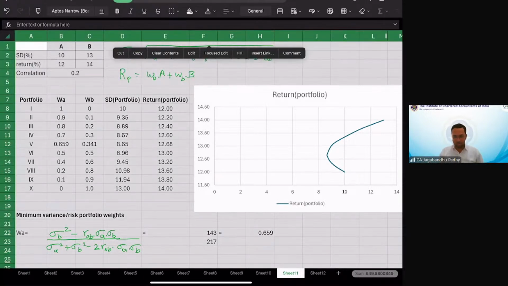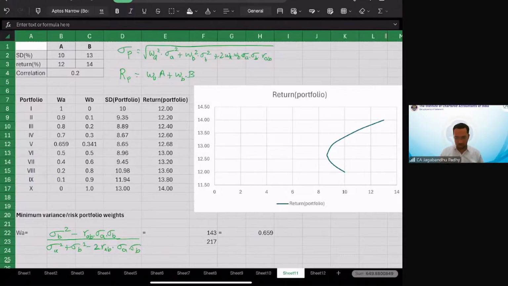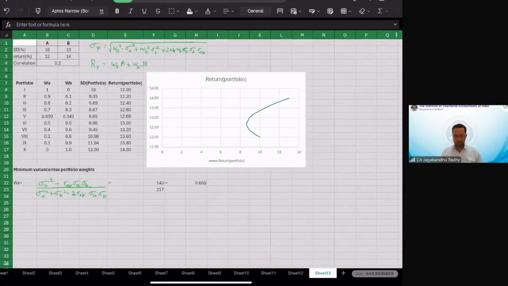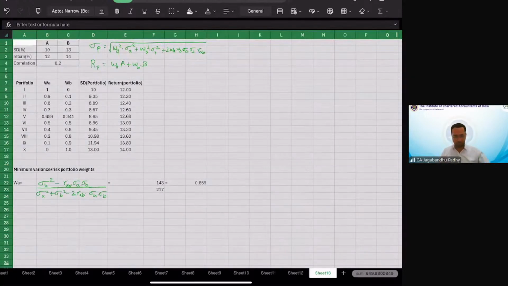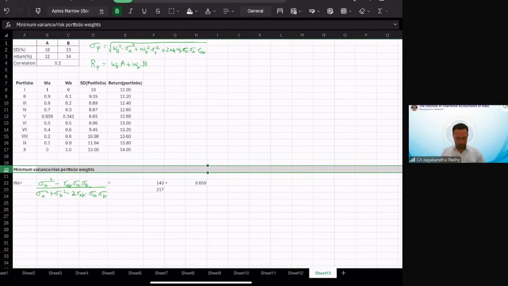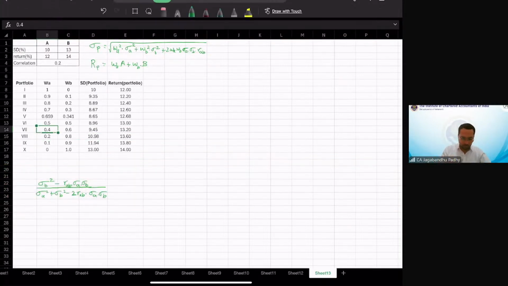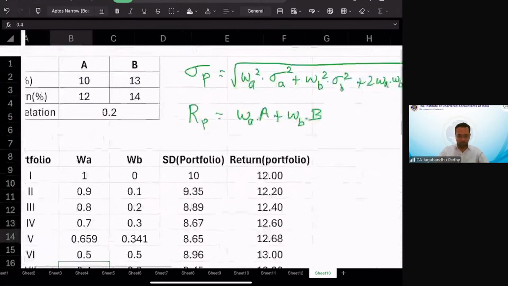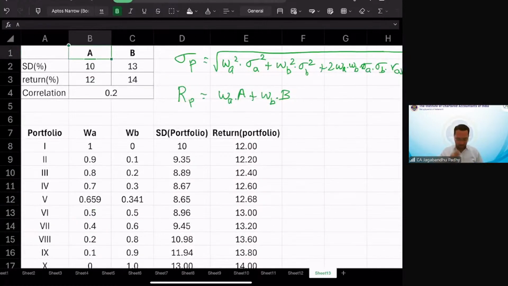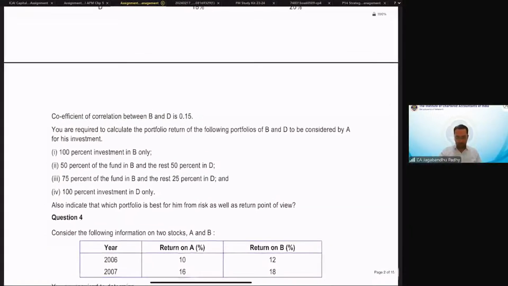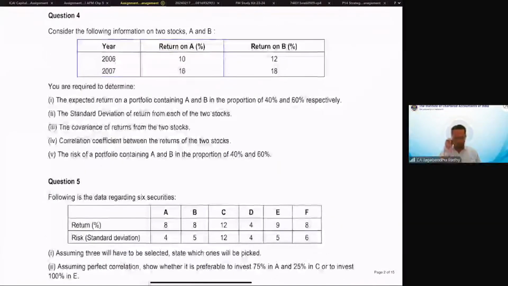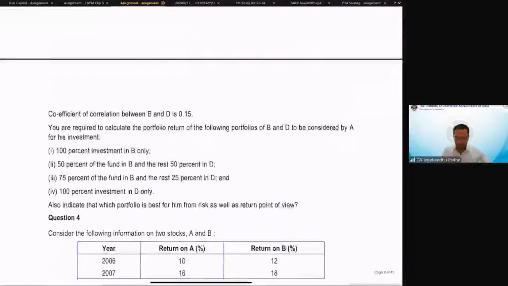Okay, so the securities are named as B and D, and we have the portfolio values available with us.